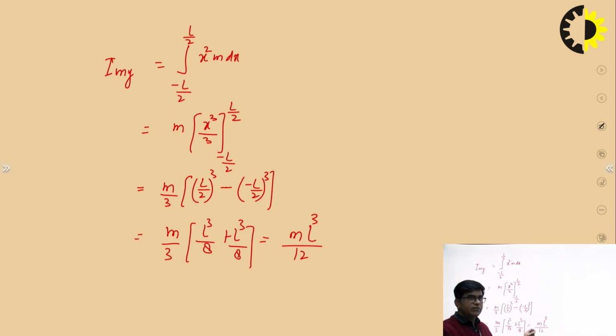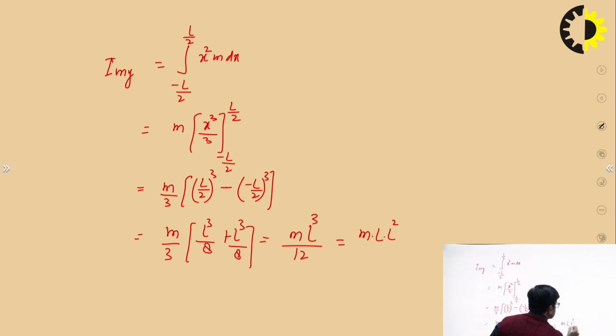So, this is the moment of inertia in terms of mass per unit length. But here I will introduce the total mass of the rod, because I have considered the mass per unit length of the rod is small m. So, what about the total mass? Let us say total mass is capital M. So, I can write this as small m into L square by 12.